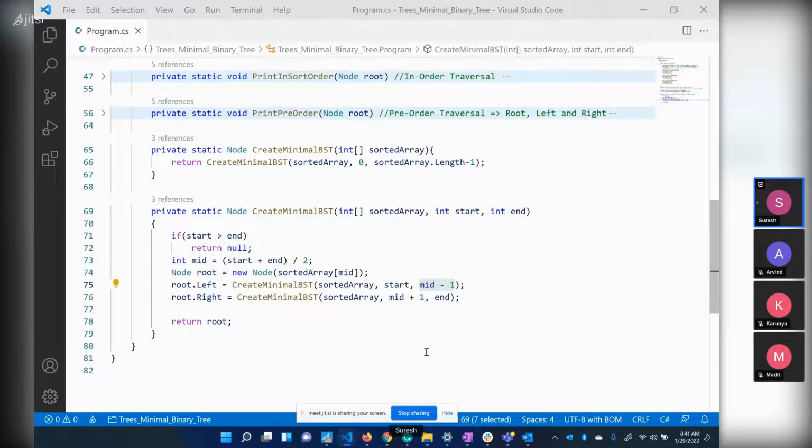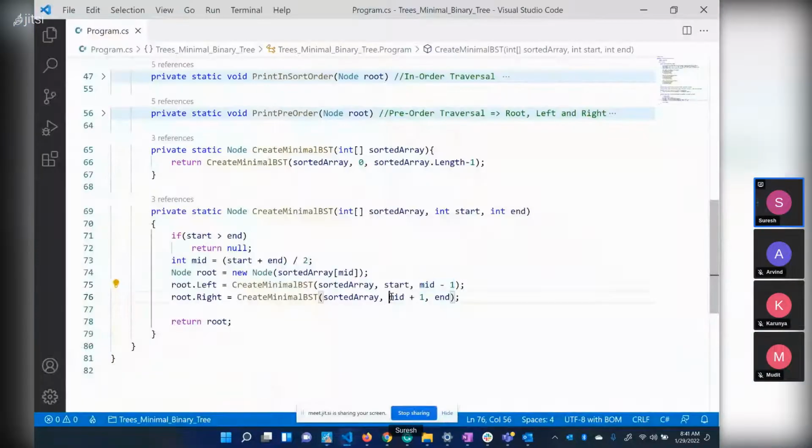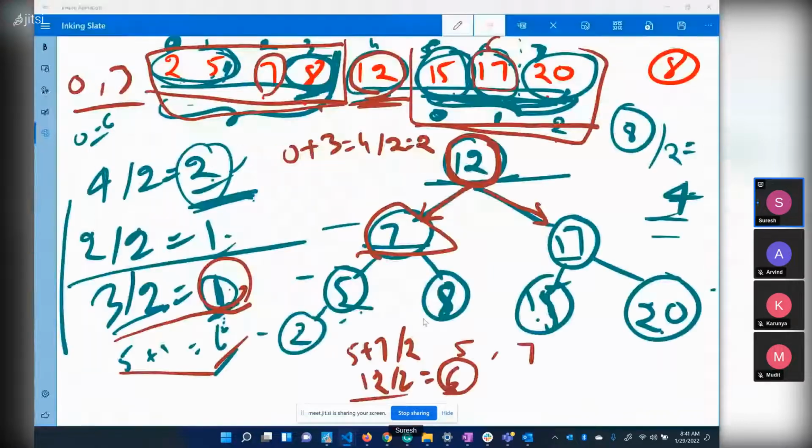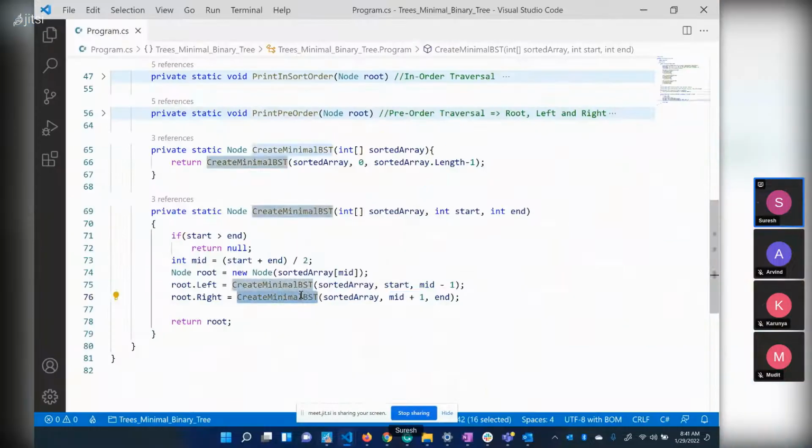When mid value is 12, 0 to 3 is for the left. And then mid plus 1 is 4, right? So for the right side, mid plus 1, 4 to 7 for the right side recursion. Okay, this is how it works.